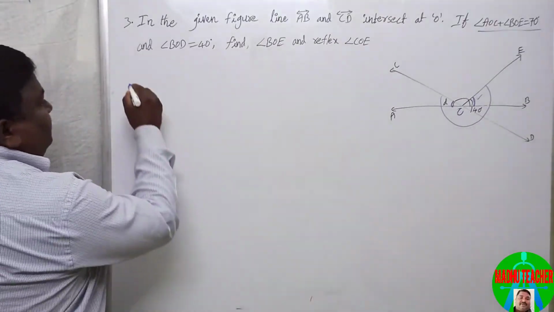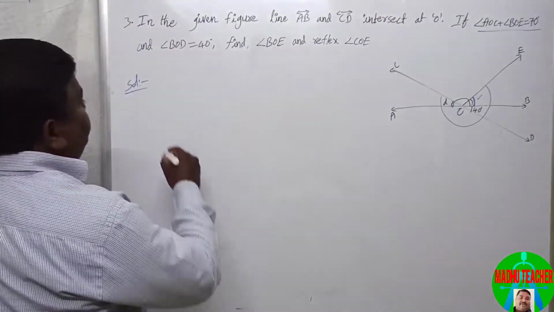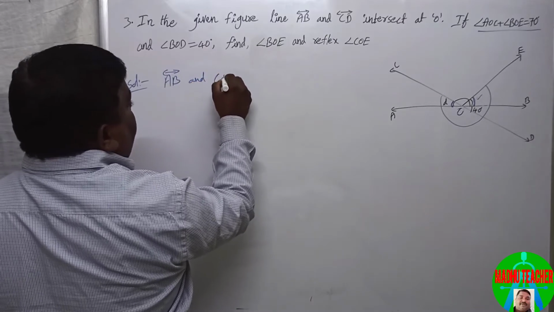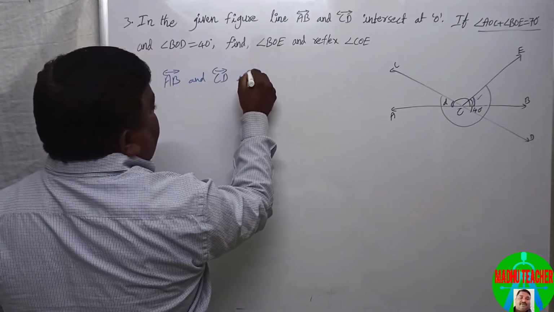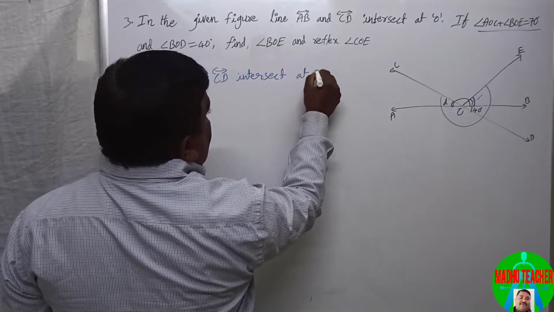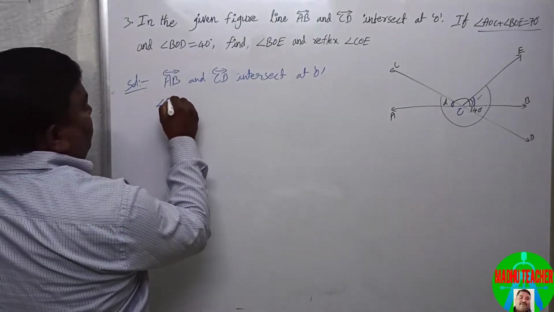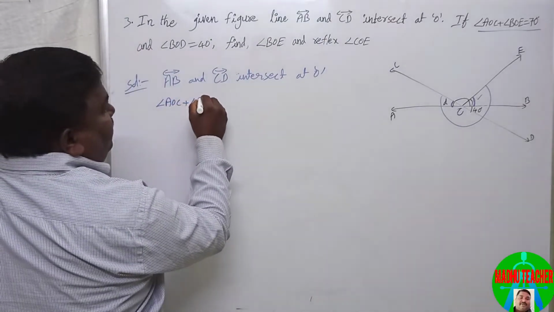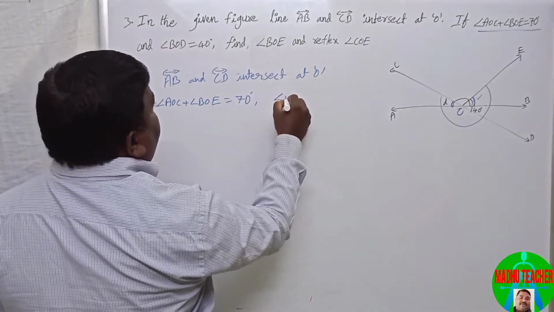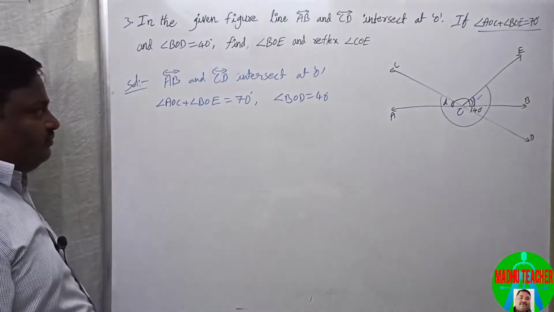Okay, so let us see. First of all, what is given? AB and CD intersect at O. And what is given? Angle AOC plus angle BOE equals 70 degrees and angle BOD equals 40 degrees. These are given.